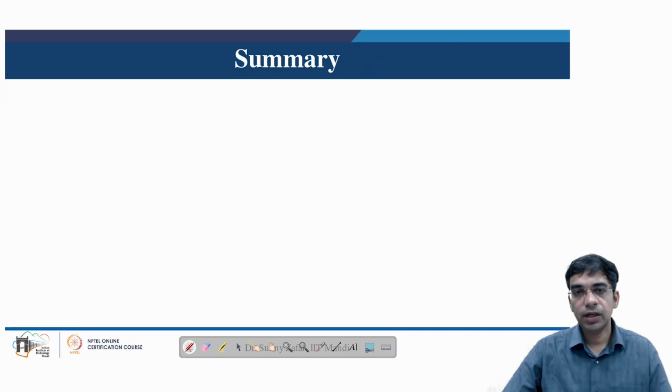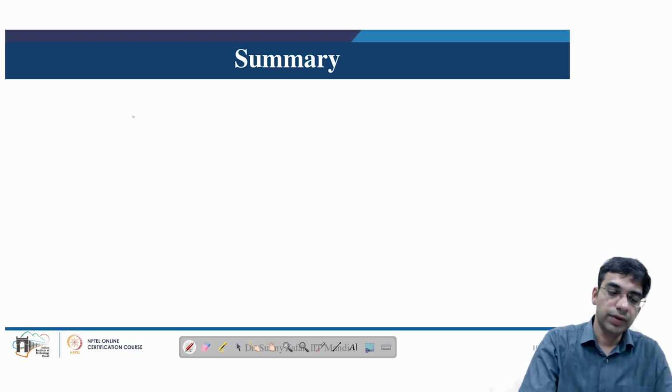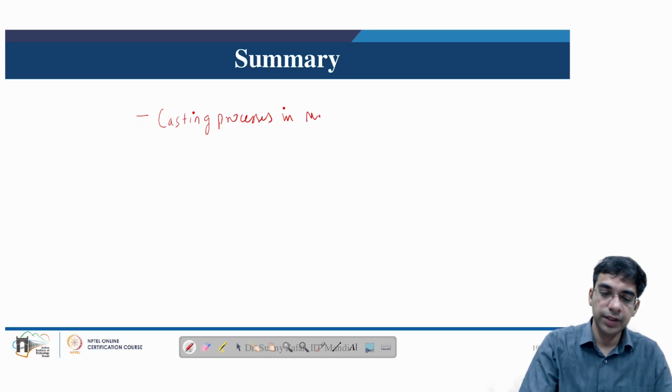So with this we come to the end of this lesson, where we will now summarize the content. In this lesson we have looked at the casting processes which are specifically used in manufacturing of hydro turbines.